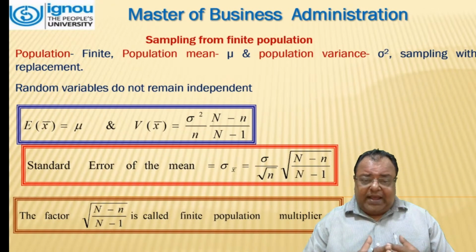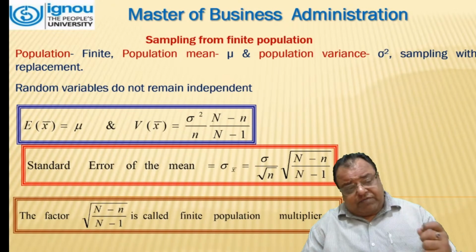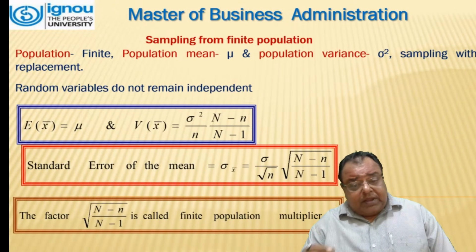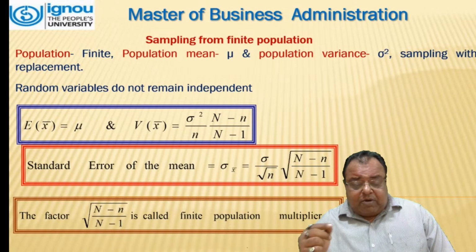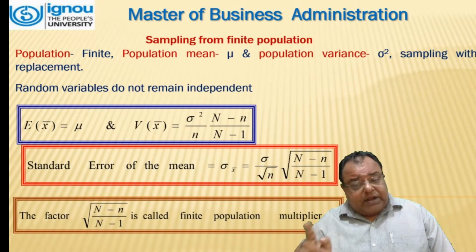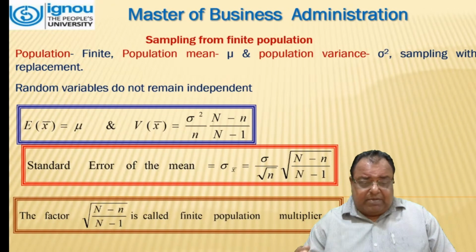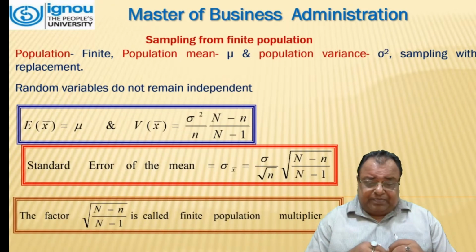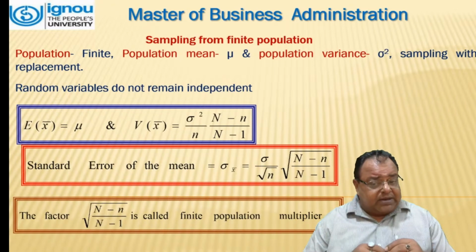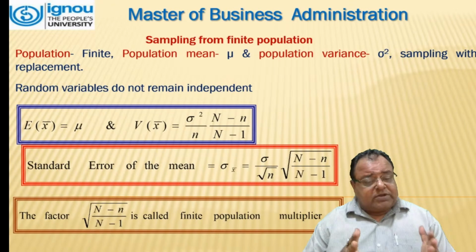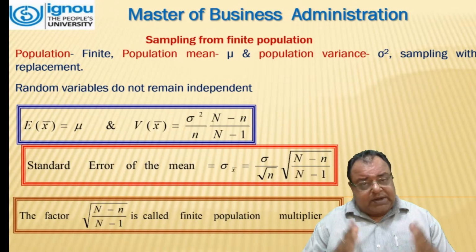Here, all values have the same meaning. The standard error of the mean will be sigma x bar equal to sigma upon square root of n into square root of (N minus n) upon (N minus 1). This factor, square root of (N minus n) upon (N minus 1), is called the finite population multiplier.